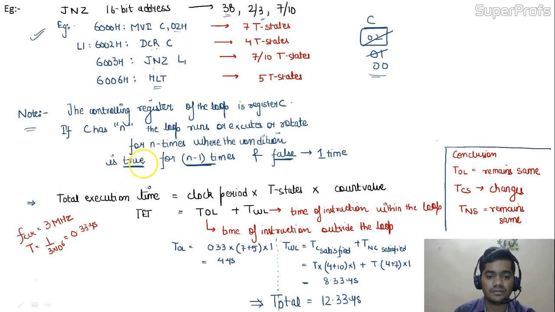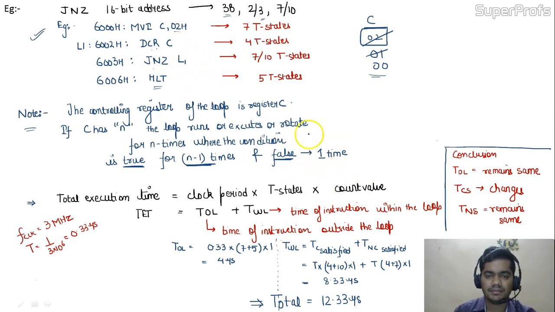So it would run for the true condition n minus 1 times. That is, if we take 02 as our data, it would run one time as a true operation and one time as a false operation, because there would be a case where it would be false at one time.